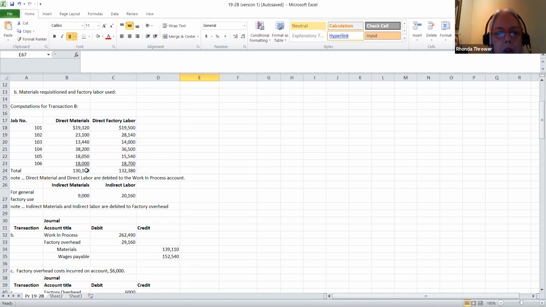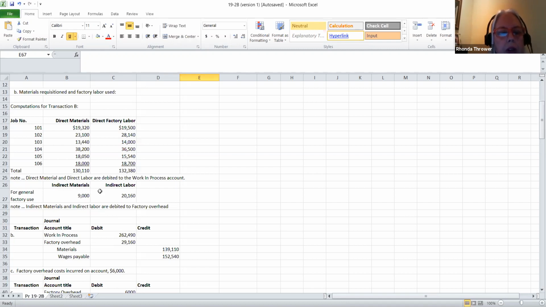The total of the direct materials used in the production process plus the total of the direct labor used in the production process are combined to get the one debit to the work in process account of $262,490.